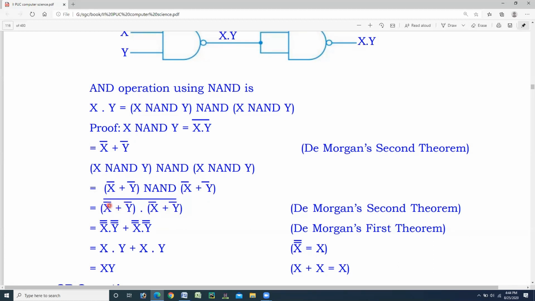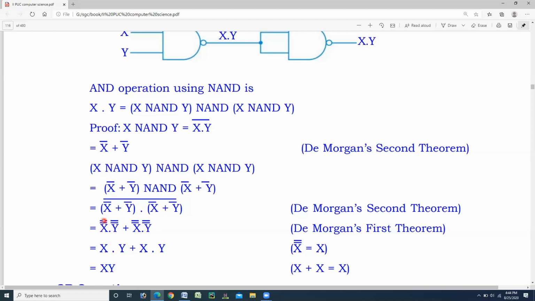So, we are expanding now. We are opening the brackets. X complement and this one complement. X double complement plus becomes dot Y double complement. X double complement into Y double complement. Then dot becomes plus, X double complement into Y double complement, by De Morgan's first theorem.